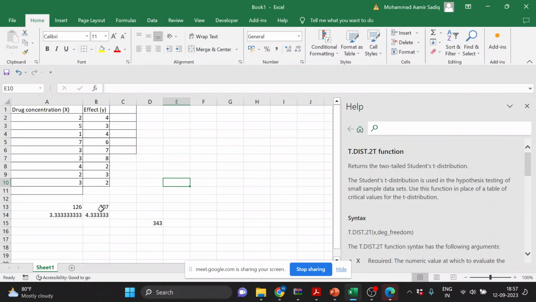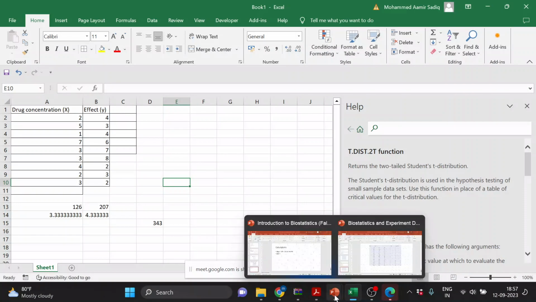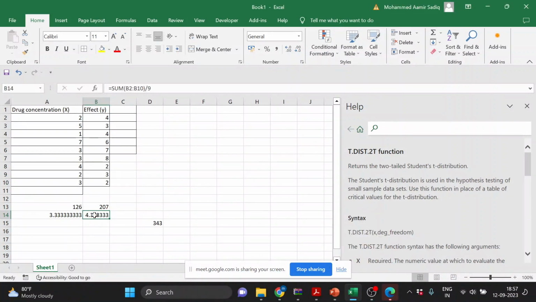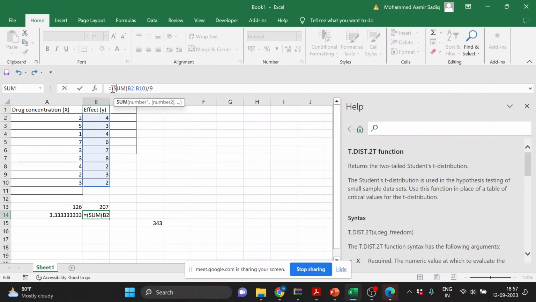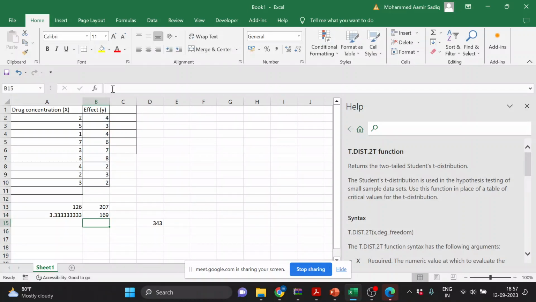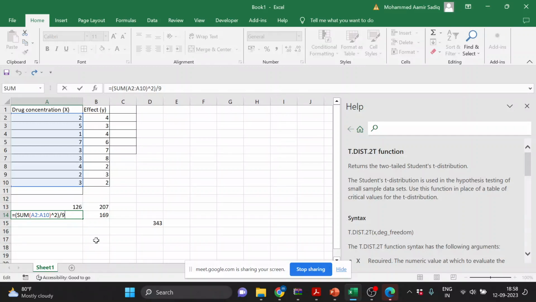Your SSYY is 207 minus this. So this is nothing but the square of the sum of all your Y values, divided by the sum of squares divided by 9.